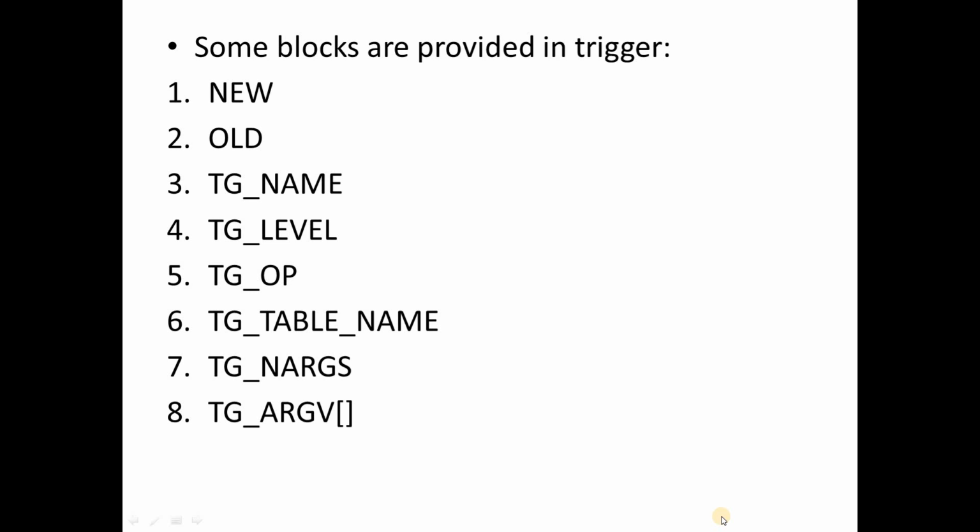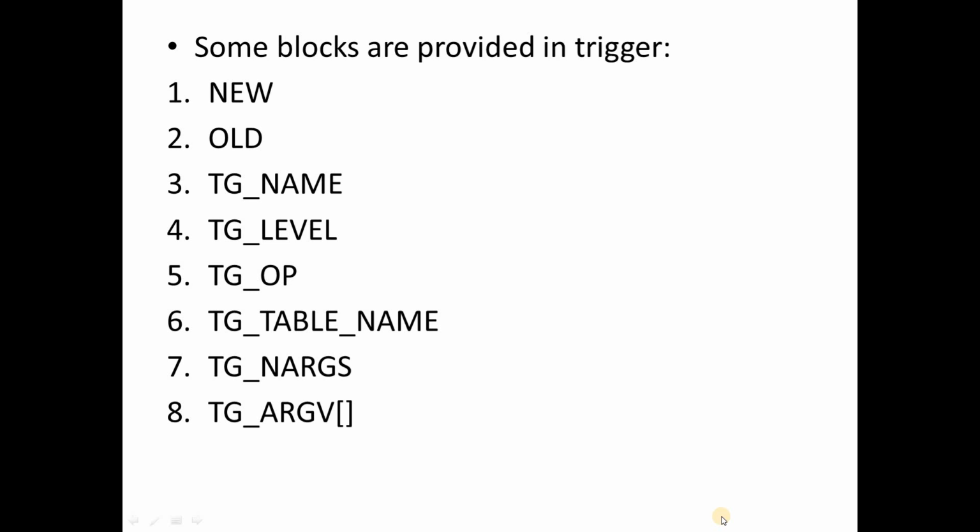Then there is the TG_WHEN variable, and that variable holds the value BEFORE or AFTER, when you have to apply the trigger, before any operation or after any operation. Those before and after values are stored in TG_WHEN. Then TG_LEVEL: on which level you have to apply the trigger, row level trigger or statement level trigger. That row and statement, those levels are stored in this TG_LEVEL variable.